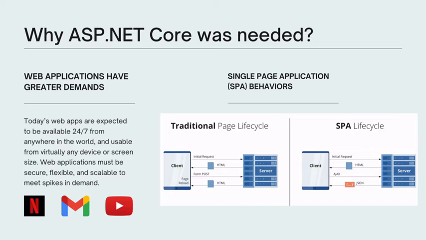So why was it needed? In today's world, the use of web applications is very popular. Installing desktop applications is no longer preferred as it used to be. Netflix, YouTube, and Gmail are examples of popular web applications. As the importance of web applications increases, there is a need to shorten the development process and implement a specific architecture.